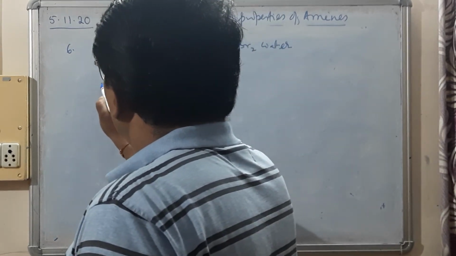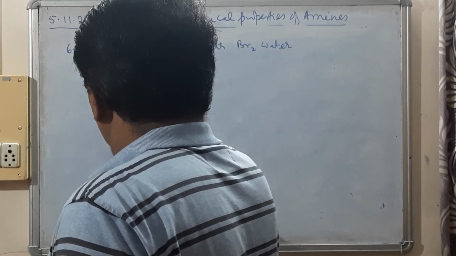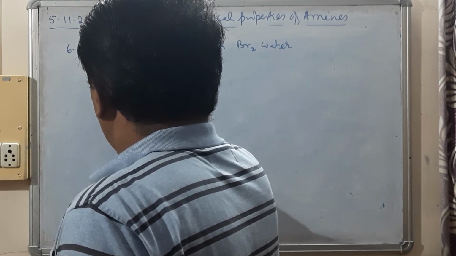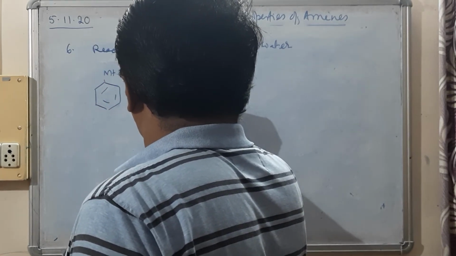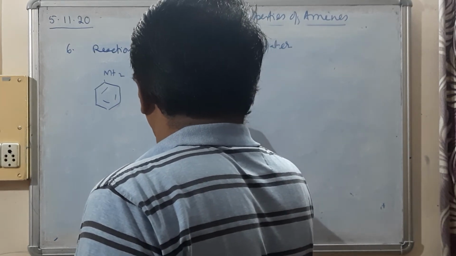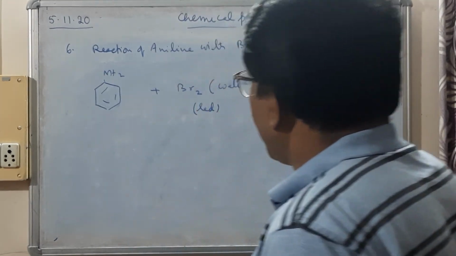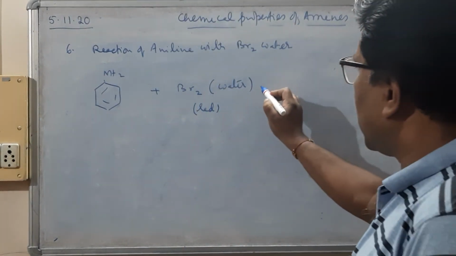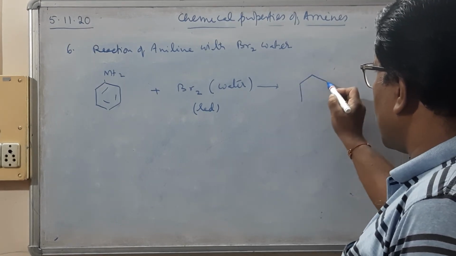So let me write the equation here. Aniline plus Br2, bromine water. You know the color of this bromine water is red, and what we get is this product.